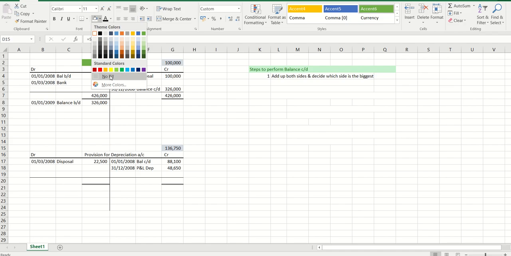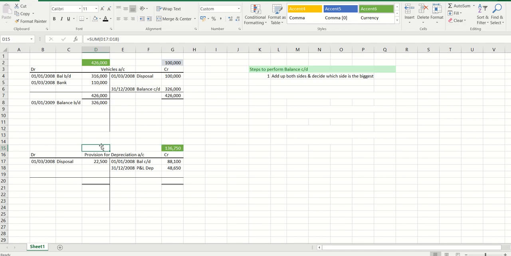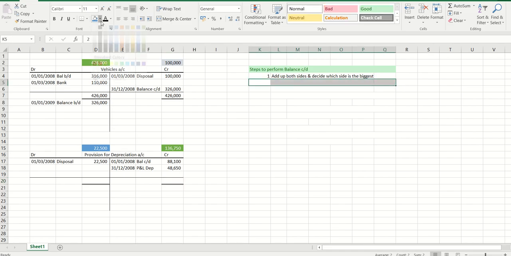It's going to be this guy. Okay, so our biggest this time is going to be the 136,750 because it's the credit side. Okay, it's a liability, so the biggest is usually on the credit side. So add up both sides, decide which side is the biggest. The biggest is the credit side for us this time.